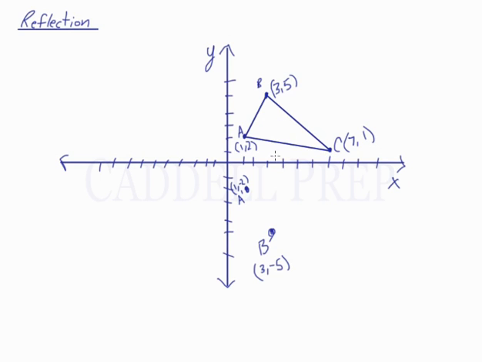Look at point C, it's at 7, 1. So it's 1 point above the x-axis. So we're going to go 1 point below the x-axis. So C prime is at 7, negative 1. Let's just connect these. And we see our reflection over the x-axis.